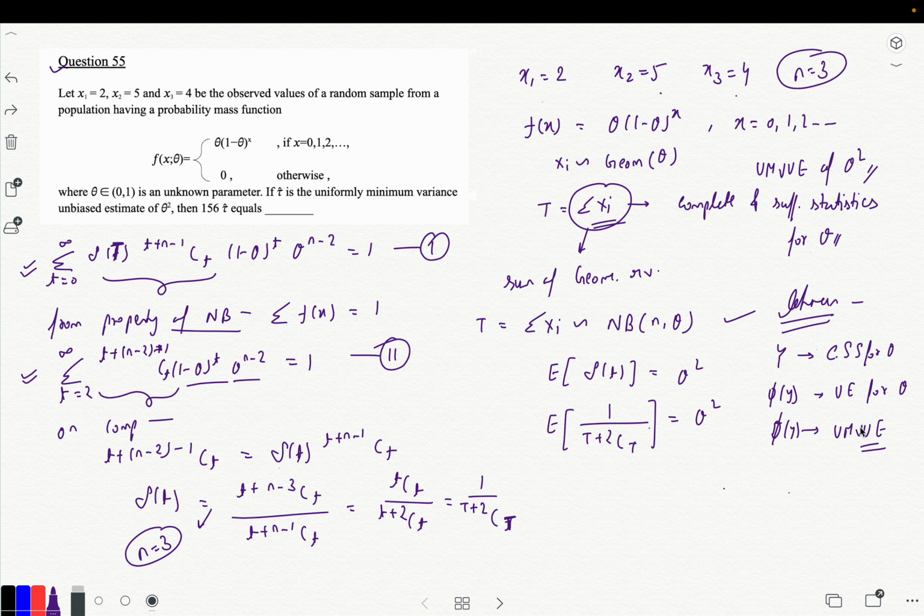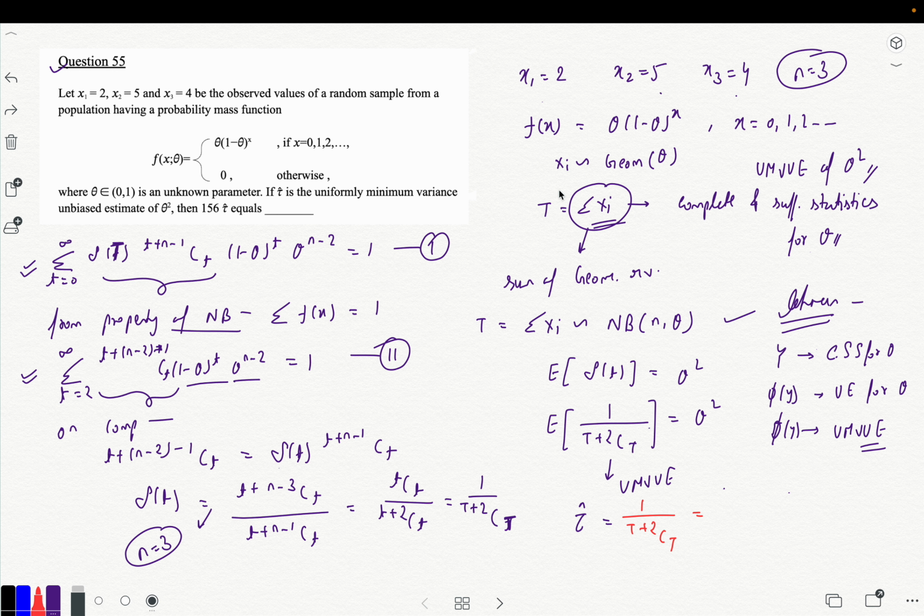So by using this property, what are we having? We have T which is the summation of xi, that is a complete sufficient statistic for theta. Now we have delta T, that is the function of T, and we are getting that it is the unbiased estimator of theta square. So this is my UMVUE, that is tau cap is equal to 1 upon T plus 2 cT, right?